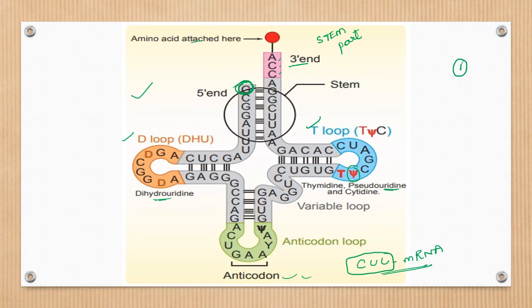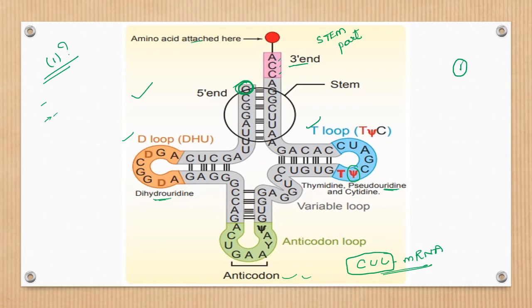Okay, so this we have discussed till now, and here the main important point you need to remember is why it is called the adapter molecule. Already we have clearly mentioned that one end is the attachment site of the amino acid, and the other end is the anticodon, which collects the coding from mRNA.